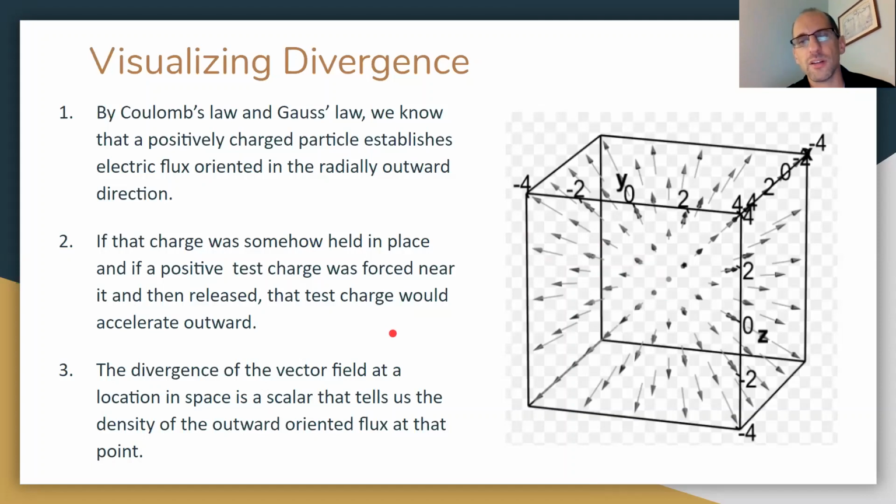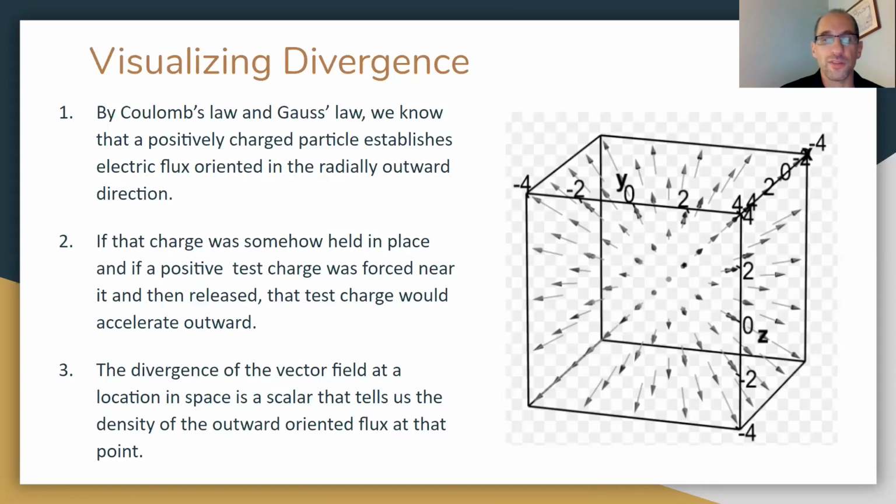So if you're visualizing an electric field, electric flux density, or any vector field, you should be able to have an idea of what the divergence is at any given point. Just think about the net outward flux from any given point, and that's the divergence.